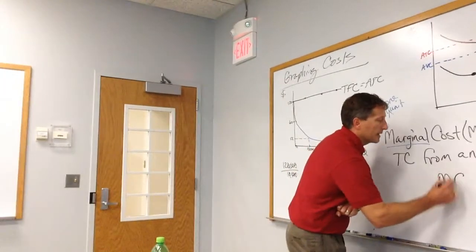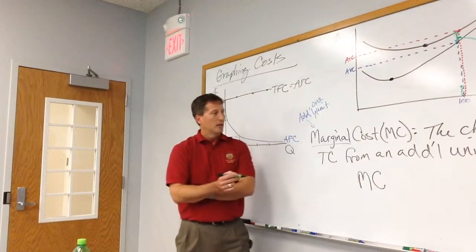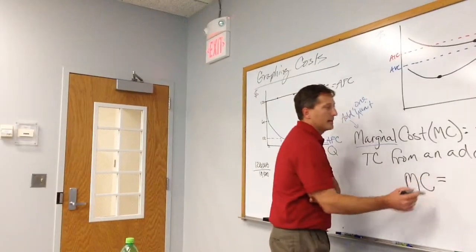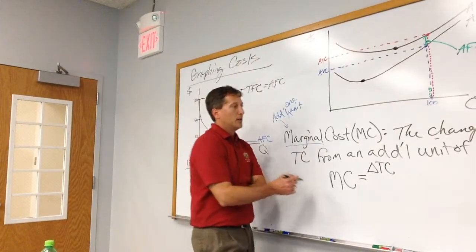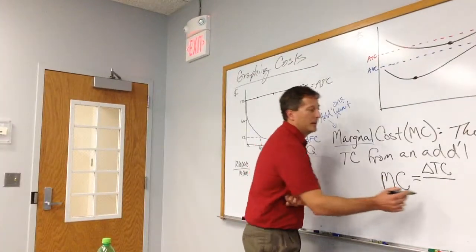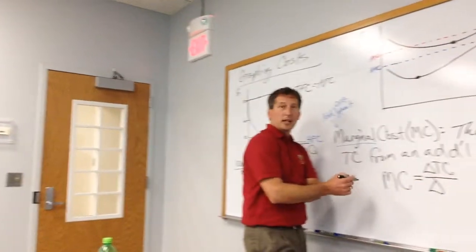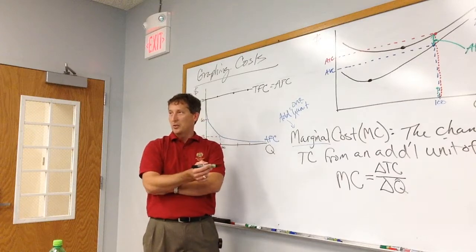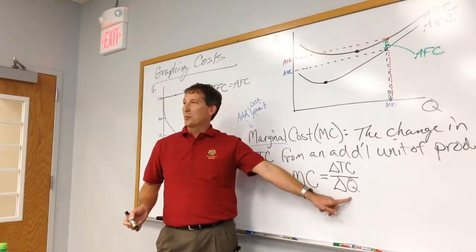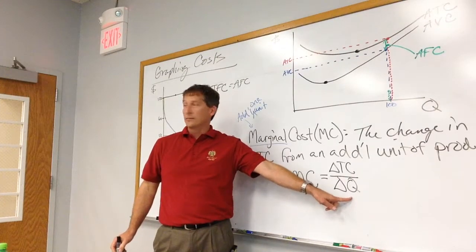From a formula standpoint, we would write that as the change in total cost divided by the change in quantity, the extra unit produced. A lot of times we're going to just have that be 1.